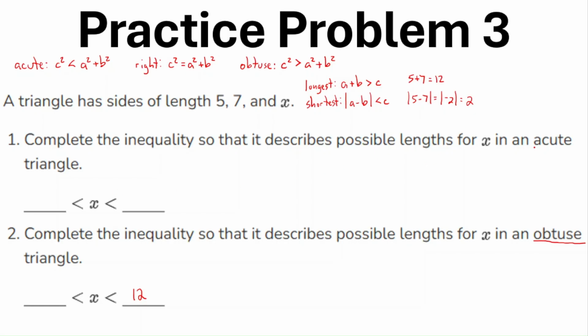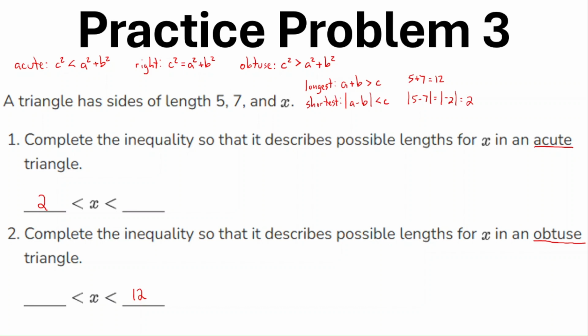So for the acute triangle, the absolute shortest is that it must be longer than 2. Otherwise, 2 plus 5 is not going to be long enough to reach both ends of 7 and have left over to pop out into a triangle.